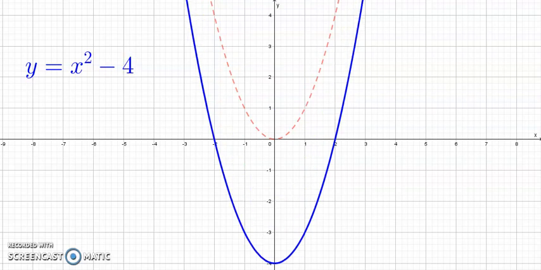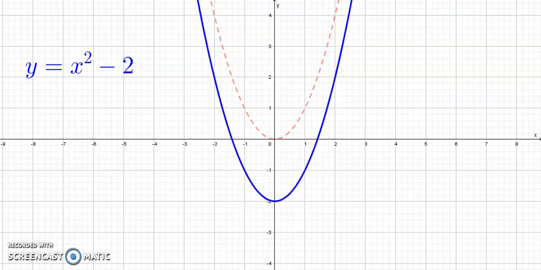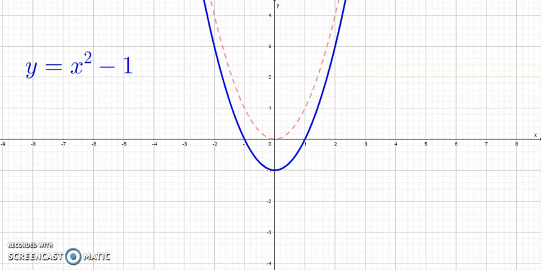And so the telling sign for whether a parabola has moved up or down is in fact that turning point, because we saw in the previous video that when you just have y is equal to some number times x squared, that doesn't affect that turning point.